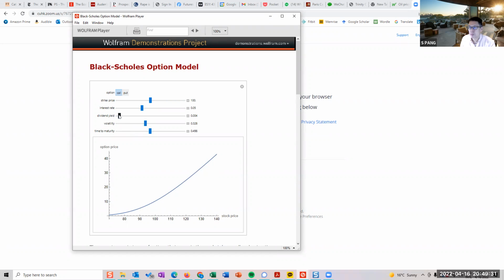Dividend yields. How about someone tell me, when dividend yield goes up, what happens to call option prices? Decrease. Zhongyuan, very good. Why is that? Actually, I can memorize the Black-Scholes formula.